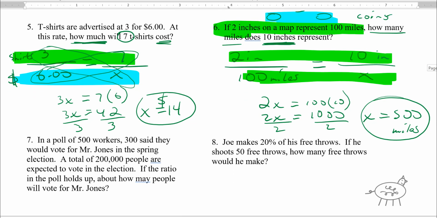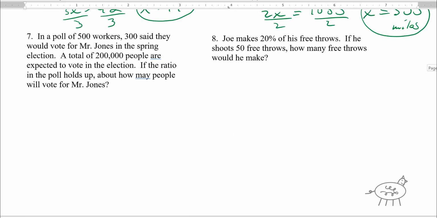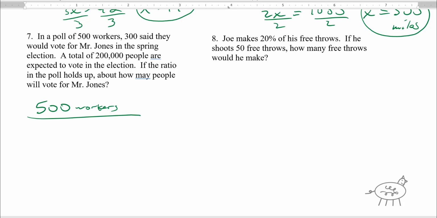All right, moving down here. In a poll of 500 workers, 300 said they would vote for Mr. Jones in the spring. So again, I'm going to say 500 workers, and 300 would vote for Mr. Jones. So I need to set up another proportion.